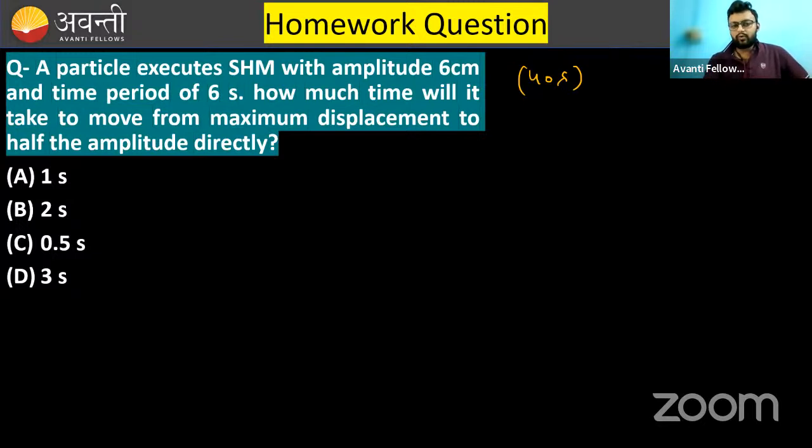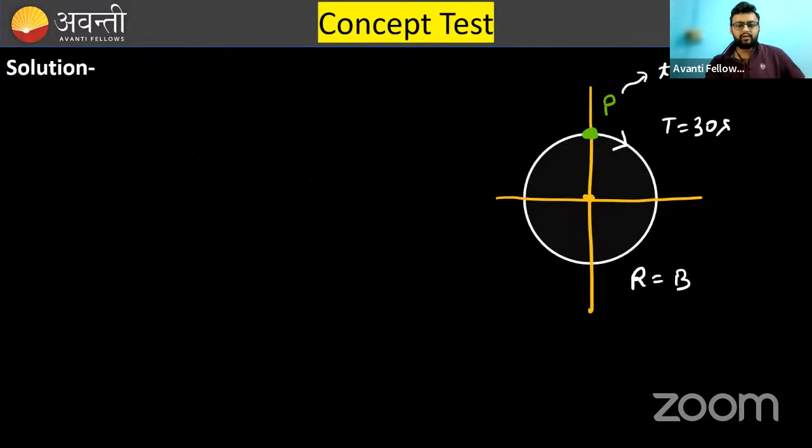And there is one more homework question. I think, have you read it clearly? Because I am going to end the session now. There is one more question that you need to do, this one.